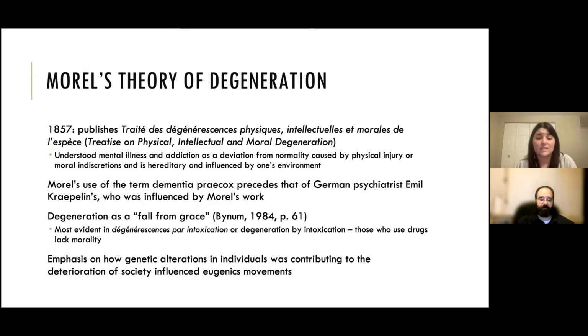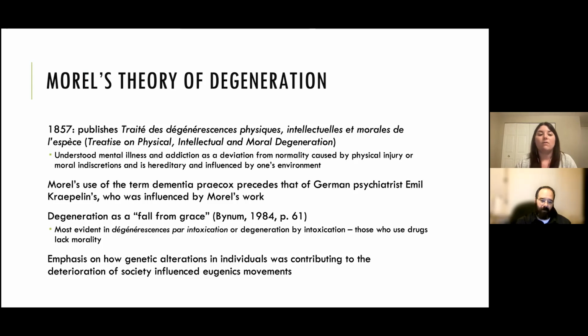So in 1857, which is a really key year in this analysis, we'll see it come up a few times throughout my talk here tonight, he publishes his treatise on physical, intellectual, and moral degeneration. Very broadly speaking, Morel understands mental illness and addiction as a deviation from normality that's either caused by physical injury or moral indiscretions, and is both hereditary and influenced by the individual's environment.